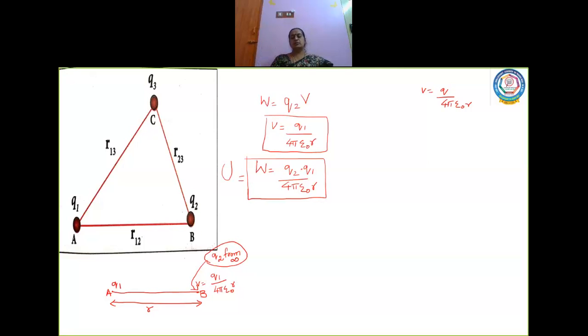The charge Q1 will comfortably come and sit at A. No work is done. And this charge Q1 will create a potential at a distance of R12, at B, V is equal to Q1 by 4 pi epsilon naught R, as we saw here.